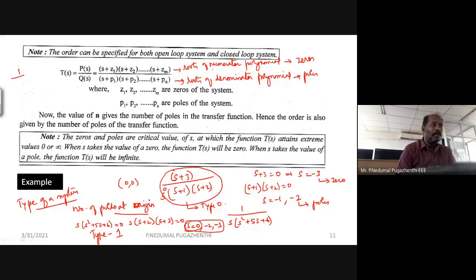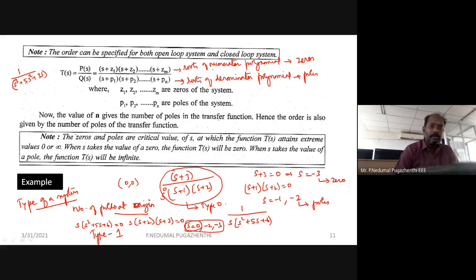Can anybody say another example? I will give you 1 by s cube plus 5s squared plus 3s. What is the type here?